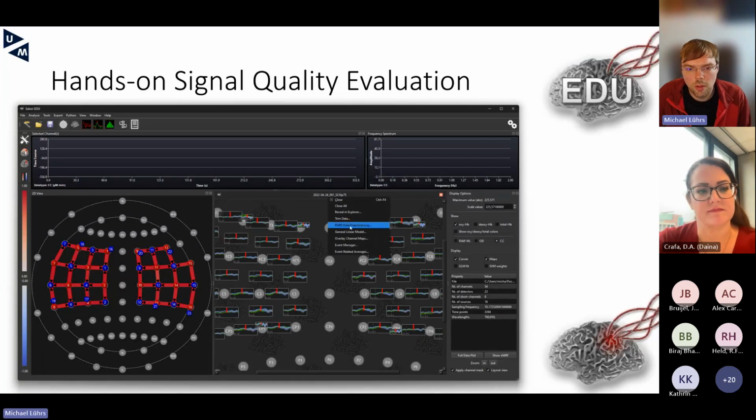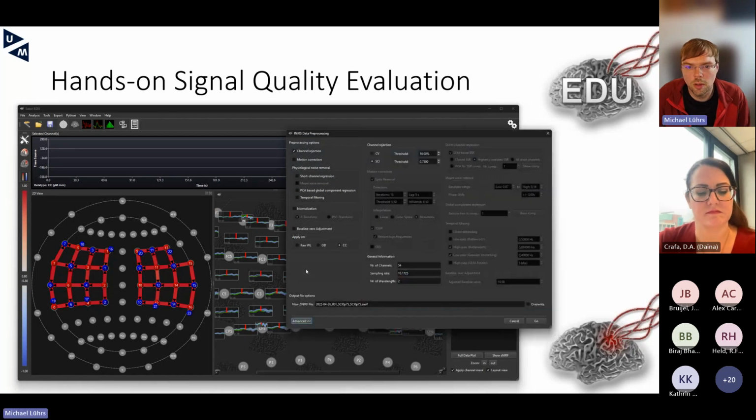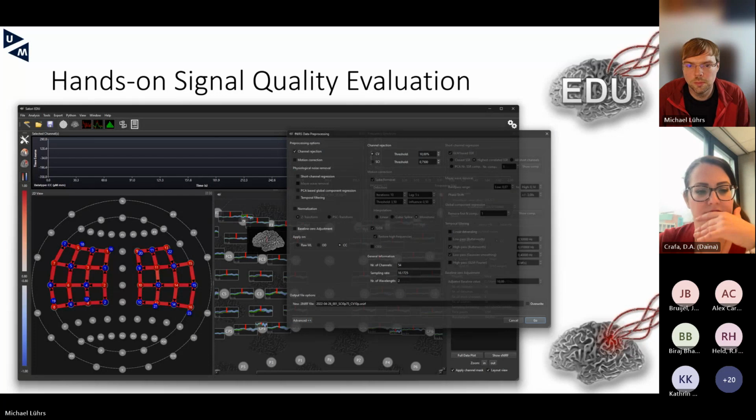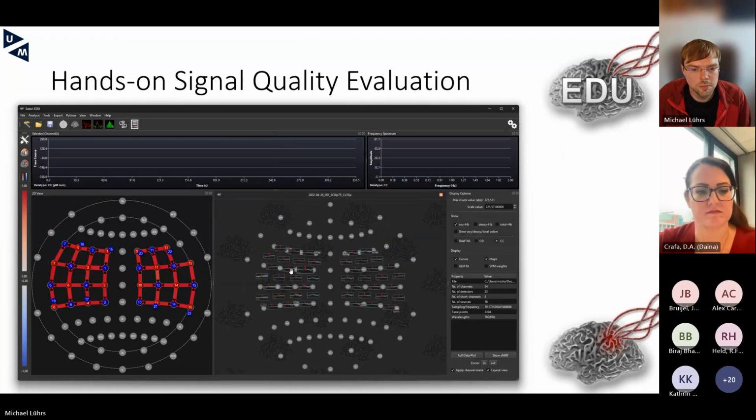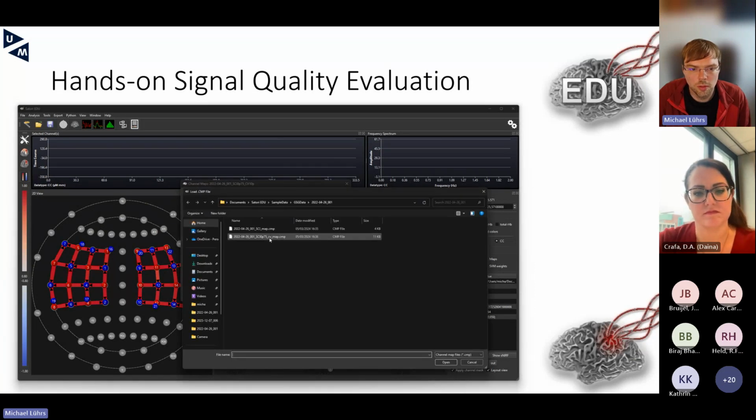So let's use a different measure, for example the coefficient of variation. I just overlay that result here. So this is the CV map.